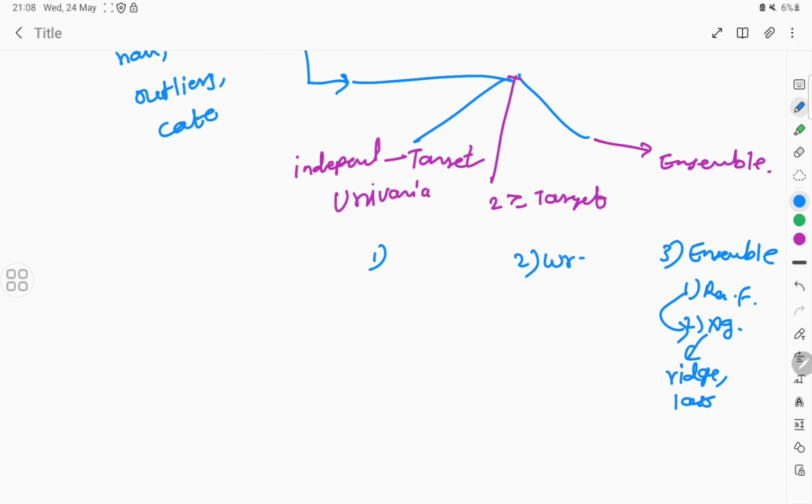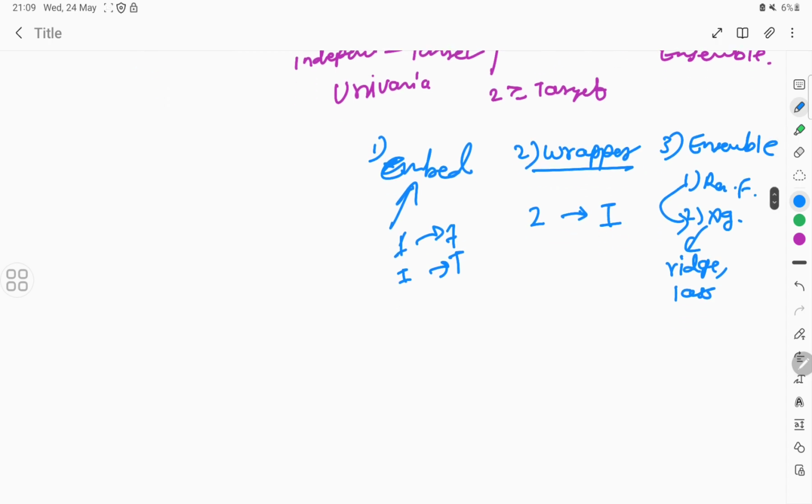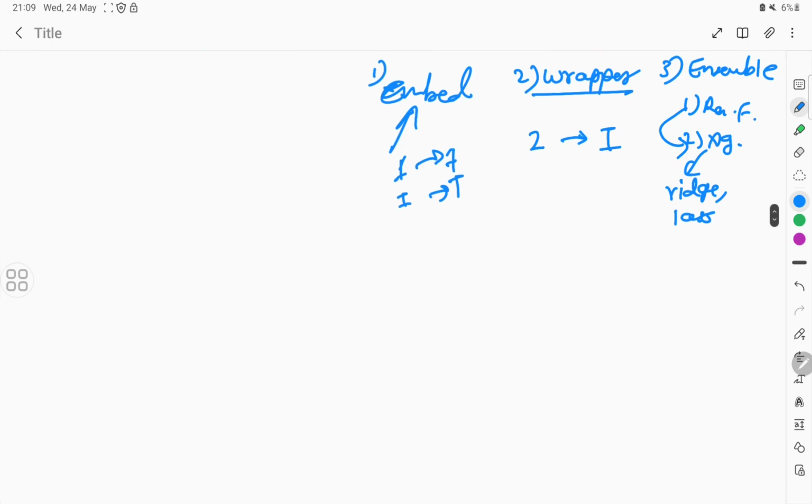Then the second one is the wrapper method, and the first one is the embedded method. So embedded means one to one, one independent feature with the target feature. Here the comparison, I think, is the wrapper method: two independent features are compared with the target. There are various methods, such as correlation and Kendall correlation.